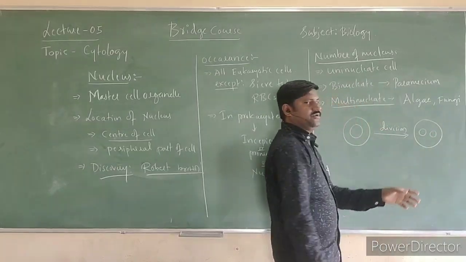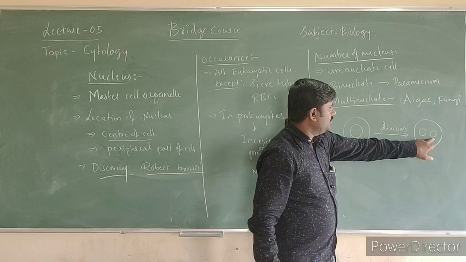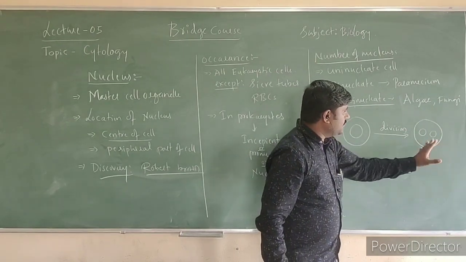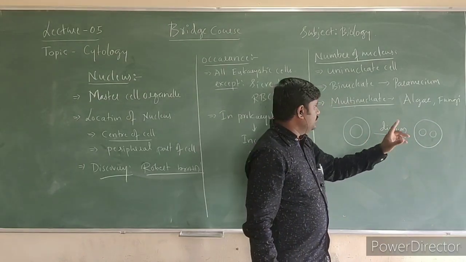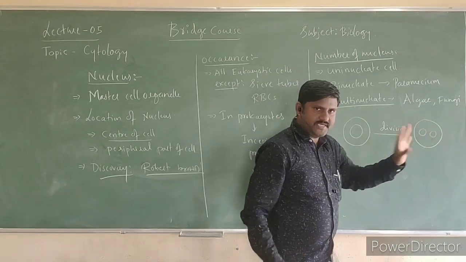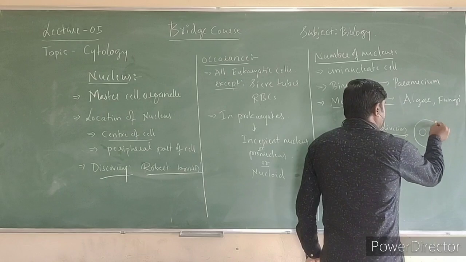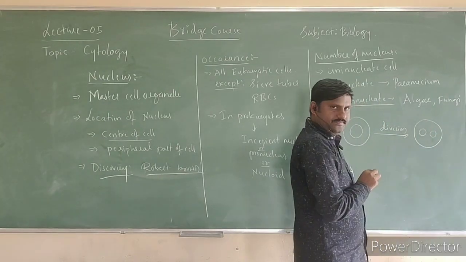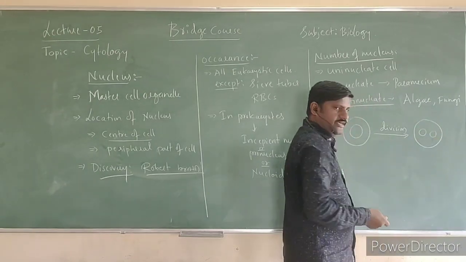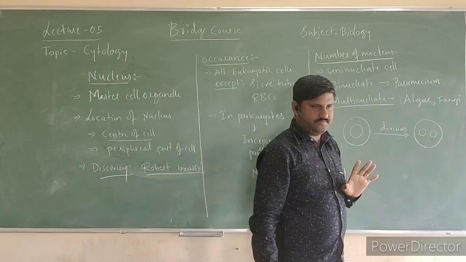As a result of nuclear division, the nucleus divides into two nuclei, but the cell does not undergo cellular division, or cytoplasmic division. So that is why two nuclei remain in the same cell, right? So this is the binucleate condition. If it continues, then the multinucleate condition occurs.